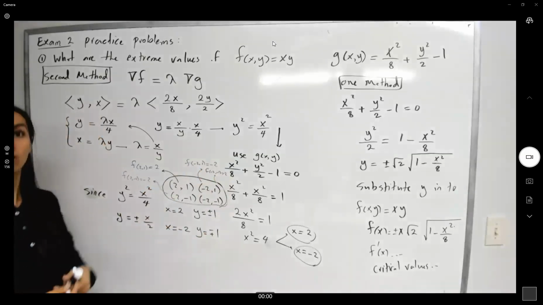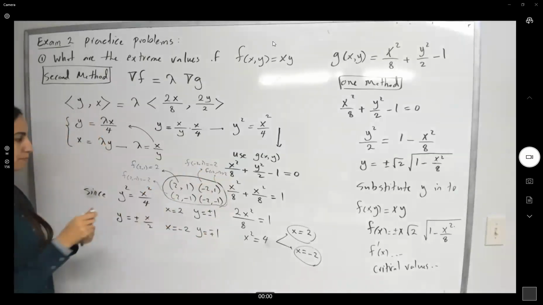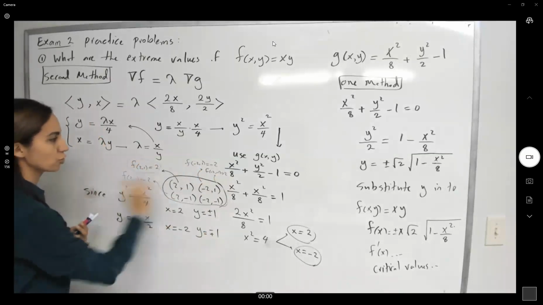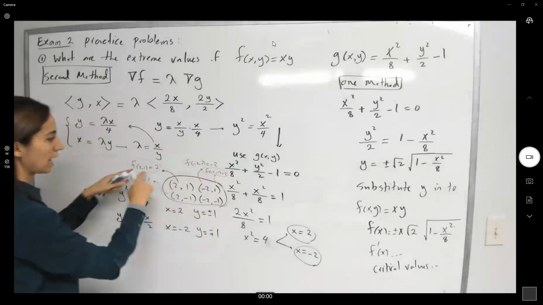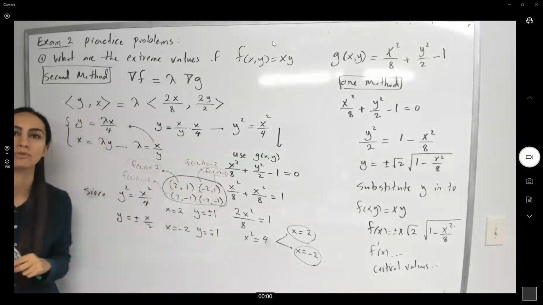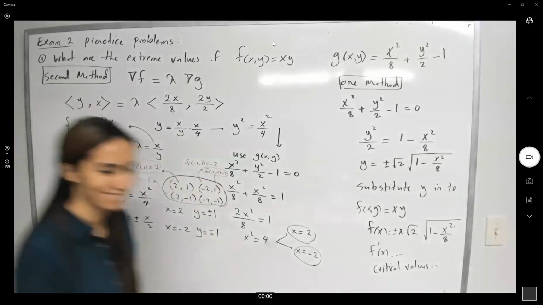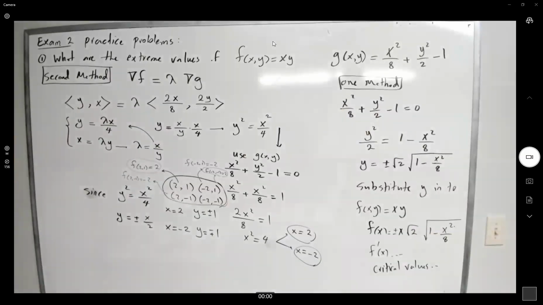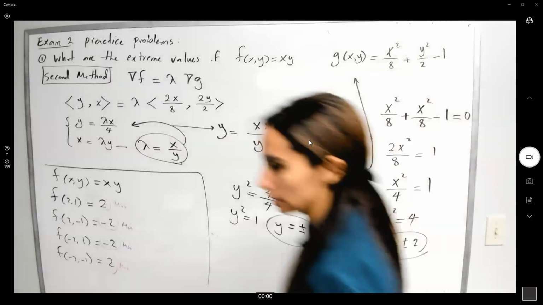So the maximum value of 2 happens at (2, 1) and (negative 2, negative 1). There you go.